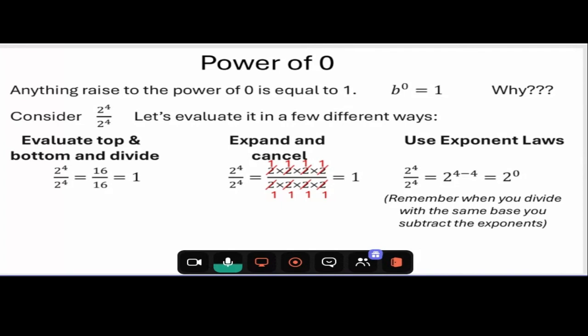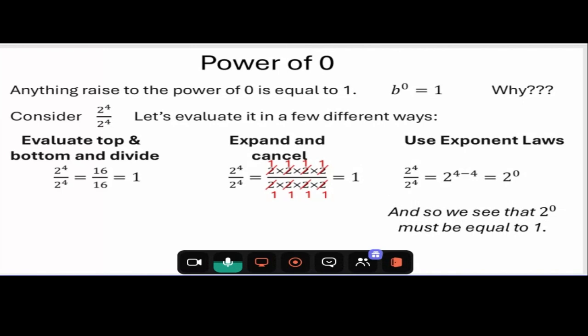And right there you have our rationale for why something raised to the power of 0 is equal to 1, because here we evaluated this using exponent laws and found that it's equal to 2 to the 0. But in the other 2 ways that we worked it out, we discovered it's equal to 1. So therefore, 2 to the power of 0 must be equal to 1. I could have done the same thing with any other number to the power of 0. So there is our next law.